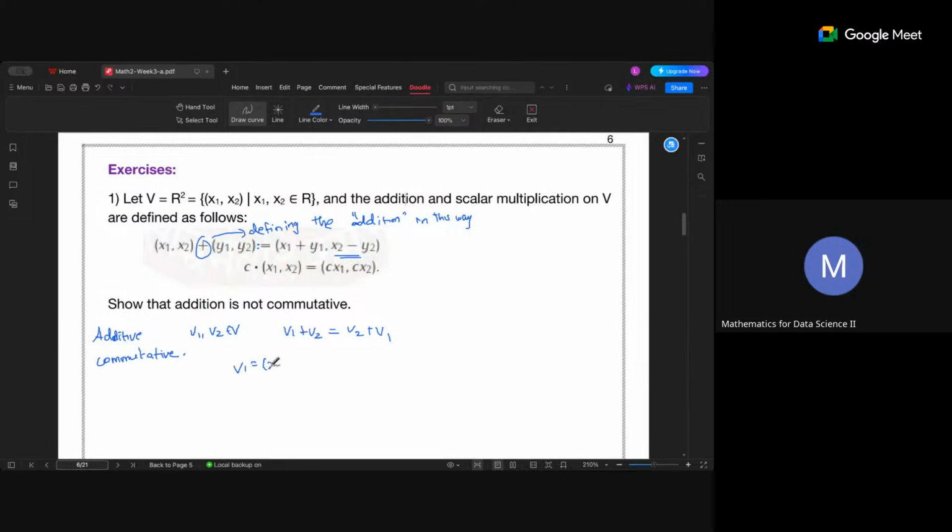So v1 is (x1, x2), v2 is (y1, y2), let us say. Now what is v1 plus v2 according to the definition? It is (x1 plus y1, x2 minus y2). Look at the definition. Now what will be v2 plus v1?